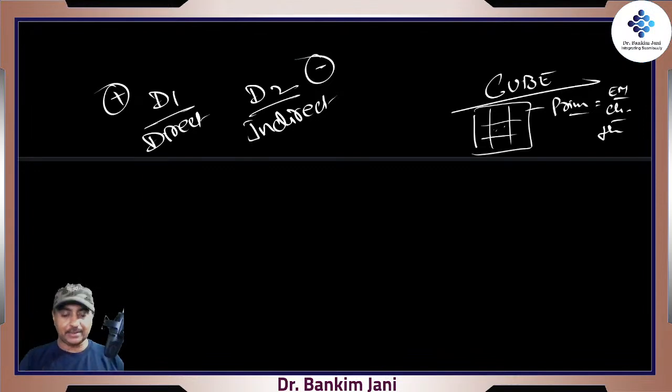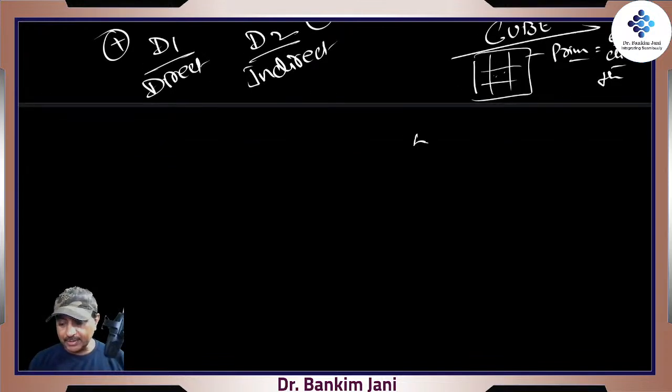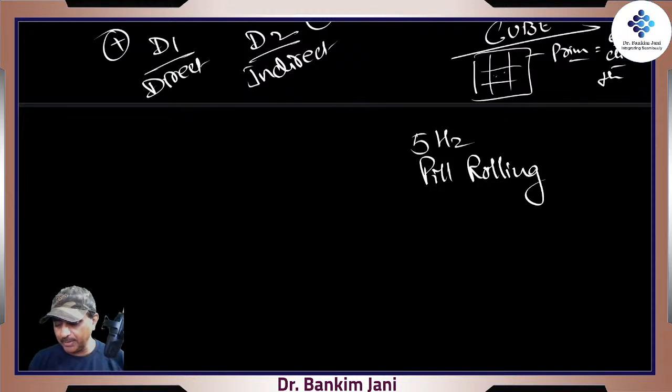So this indicates that those who are suffering from Parkinson's will be having irregular, improper movements because the motor skill is affected, but no way is their intelligence affected, right? So classically, when it comes to Parkinson's, it gives a 5 hertz pill rolling tremor, right? Do remember these keywords: pill rolling tremor, right?